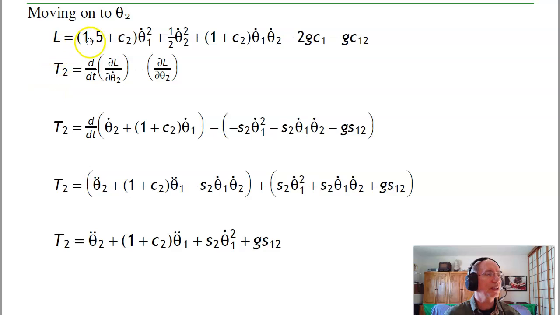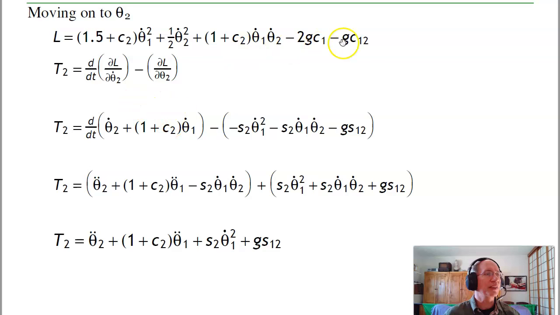The second term is now take the partial with respect to theta 2. That'll give you the torque on the second link. That's the full derivative with respect to time of the partial with respect to theta 2 dot, minus the partial with respect to theta 2. Partial with respect to theta 2 dot: again, looking through here, here's a theta 2 dot, gives you theta 2 dot. Here's another theta 2 dot: 1 plus cosine theta 2 times theta 1 dot.